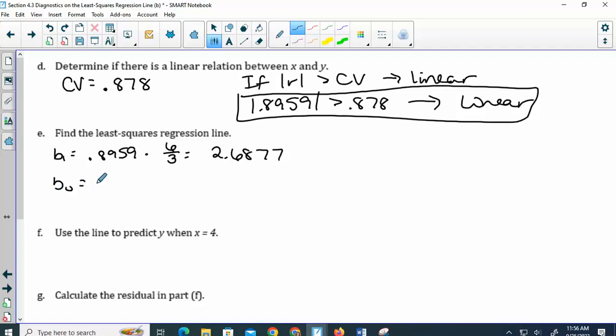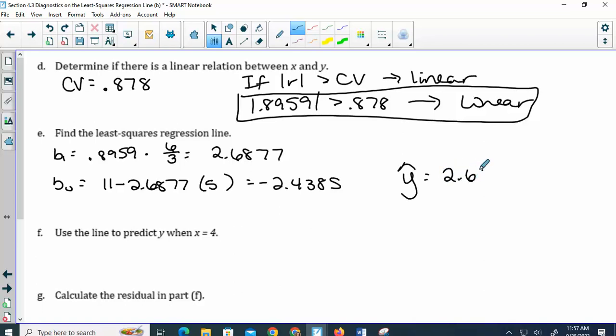The y-intercept is y bar, so it was 11, minus the slope, times x bar, which was 5, and that one was a negative 2.4385. So we get the regression line, remember we usually call that y hat, is 2.6877x minus 2.4385.